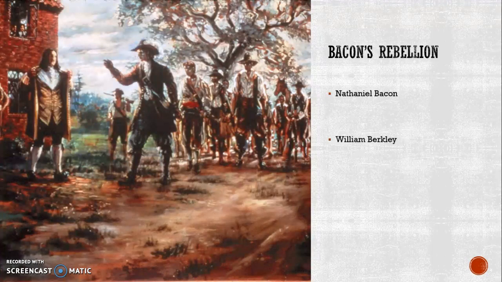They will actually drive out Governor Berkeley in that event that is known as Bacon's Rebellion. This is the first big rebellion in the British colonies, and this will worry the ruling class moving forward about future rebellions coming up from the lower to middle classes and the working classes.